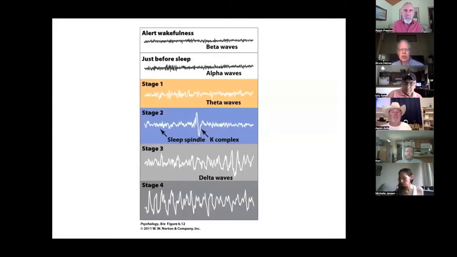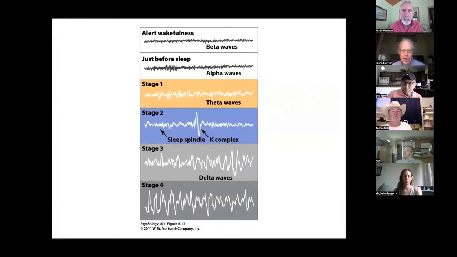And this shows brain waves and how they change from wakefulness to the stages of sleep. So if you look at the top of this figure, if you're awake and alert, you have what are called beta waves. These are high frequency, small brain waves.